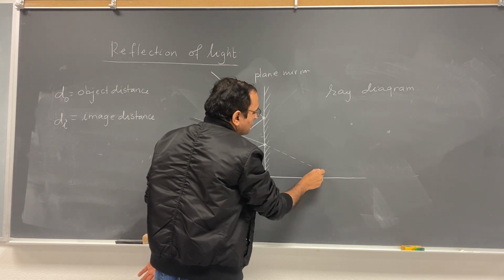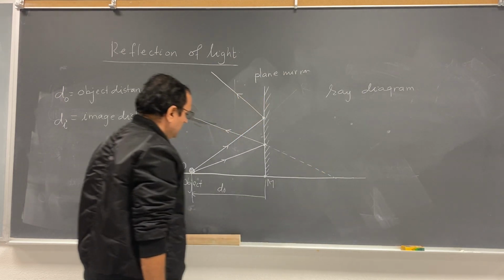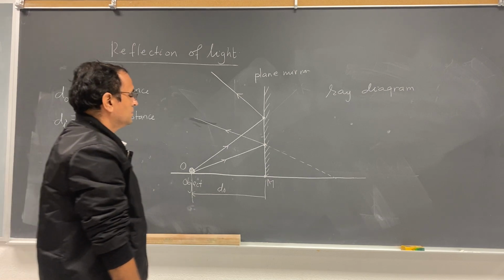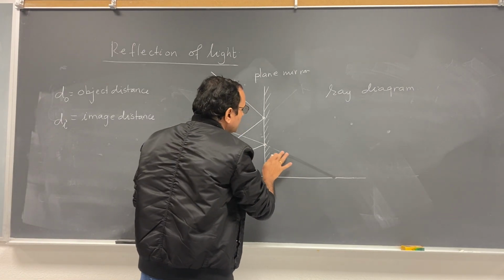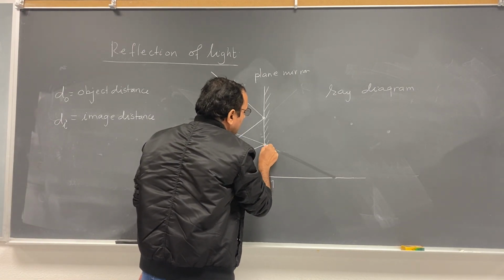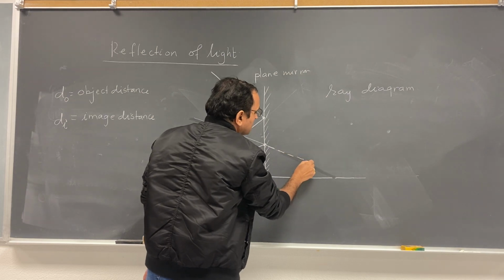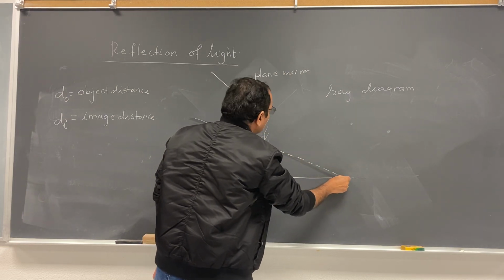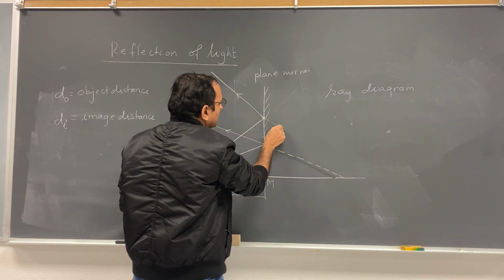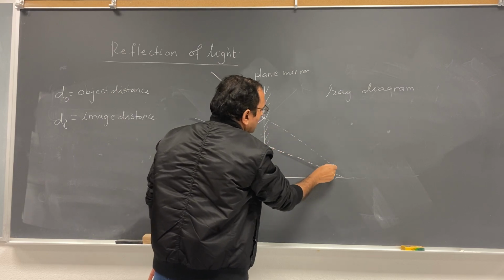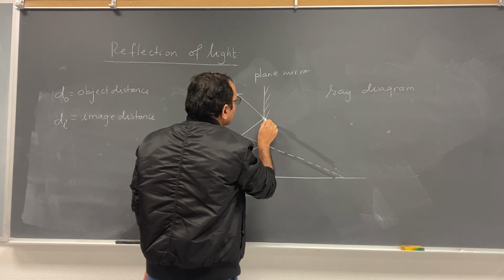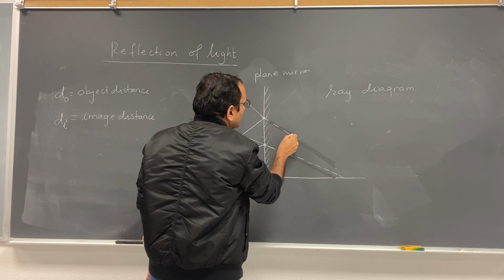Draw a dashed line, don't draw a solid line please. Extend the line here, draw the dashed line like this, and you can use the ruler, okay? So my diagram is not quite good.